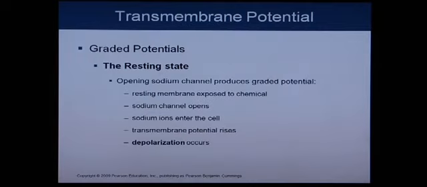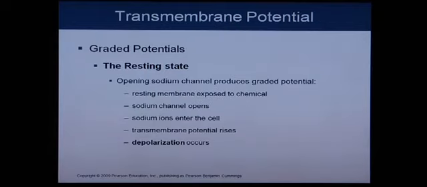Okay, so let me give you a definition of that. Depolarization is when we take the membrane potential or transmembrane potential from negative, which remember it's negative 70 millivolts, towards positive, or more positive towards zero, or even beyond zero. So if we're at negative 70 and we have a rush of sodium come in, which is a bunch of positive ions, then this is going to make that negative 70 creep up towards zero.